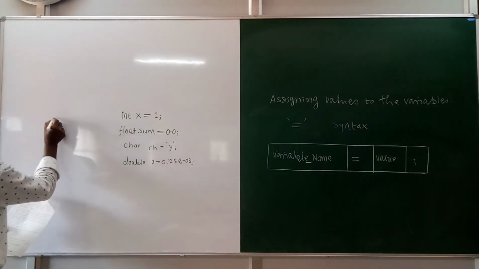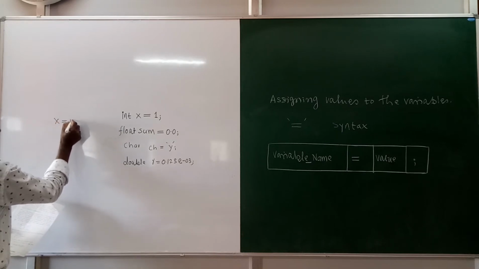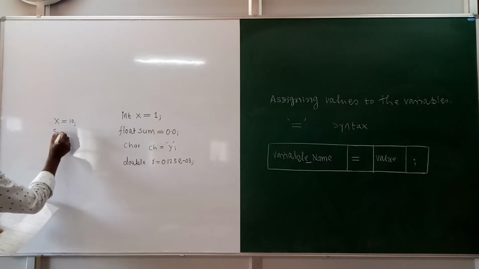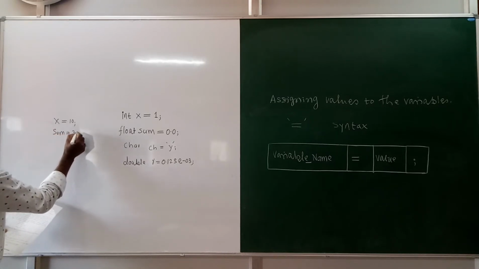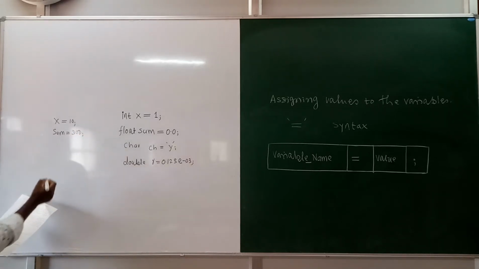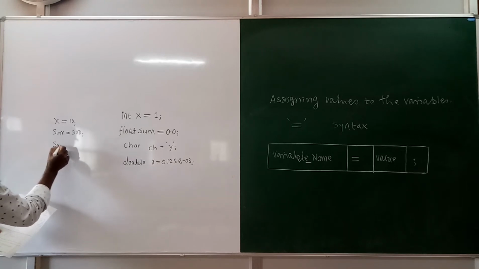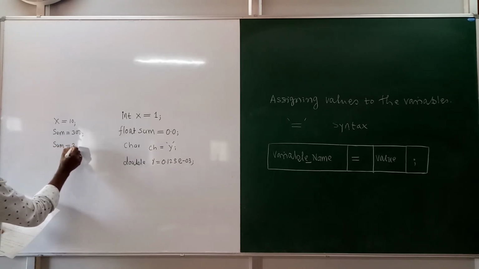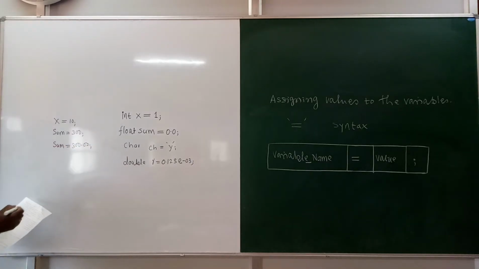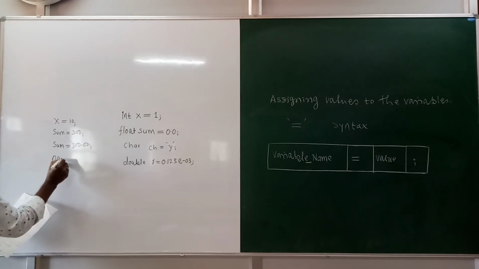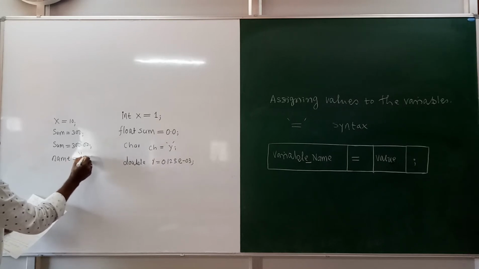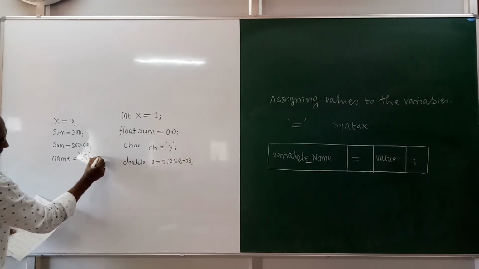Say for example, x equal to 10, semicolon, sum equal to say 300, semicolon, or you can write sum, if it is float, 300.00, semicolon, name, right, you can write it in double quotes, say this, it's my name.